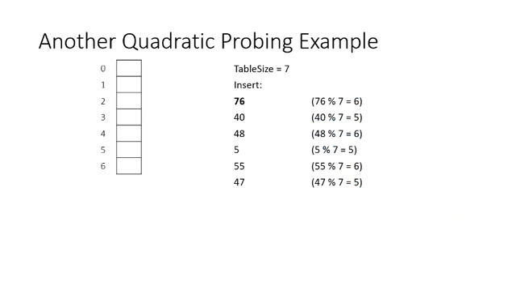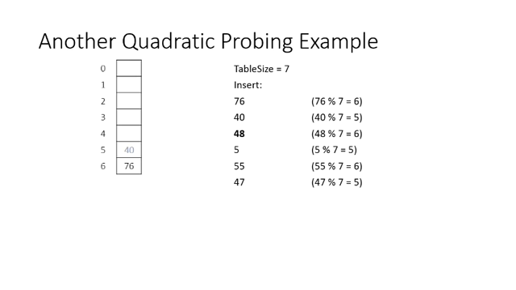For the next element, another quadratic probing example: we will see the same example with a table size of 7. 76 will be stored in the 6th position, and 40 will be stored in the 5th position. When 48 comes, 48 mod 7 is 6. Again a collision happens.